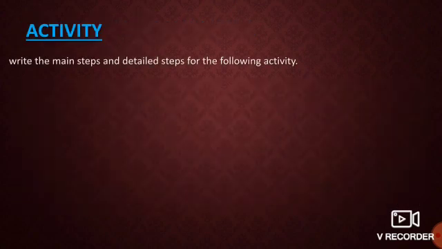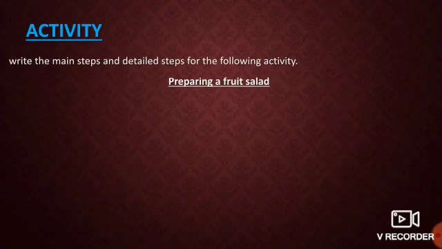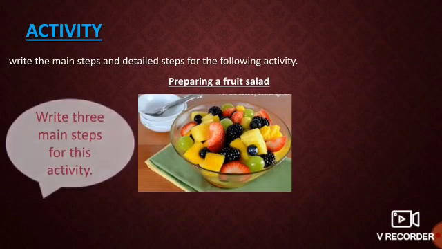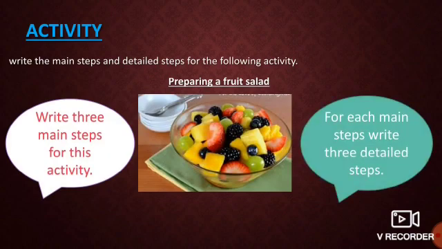Let us move to one activity. You have to write the main steps and detailed steps for preparing a fruit salad. Suppose you want to prepare a fruit salad, how will you do it? You have to write 3 main steps for this activity, and for each main step, write 3 detailed steps.